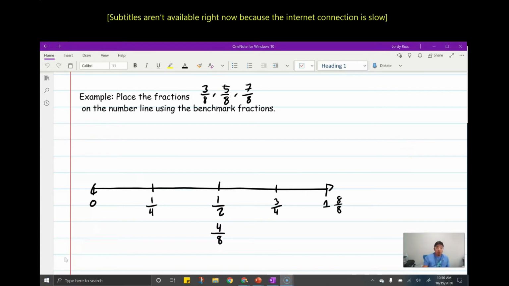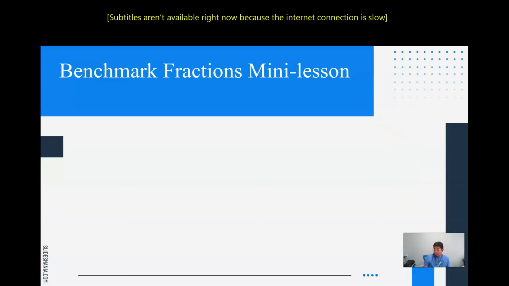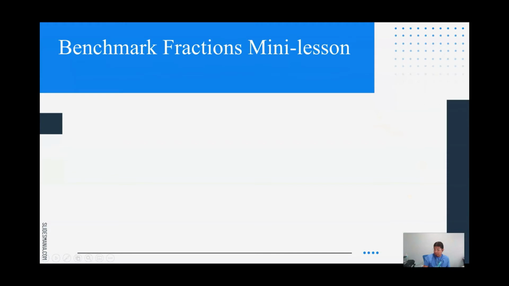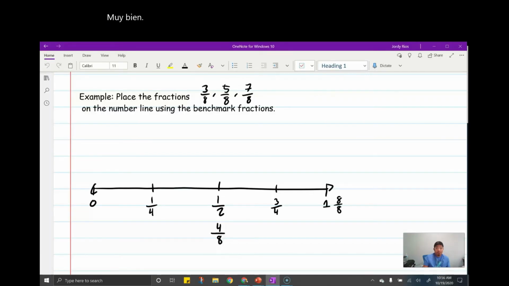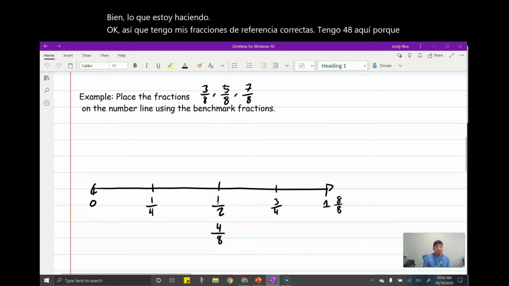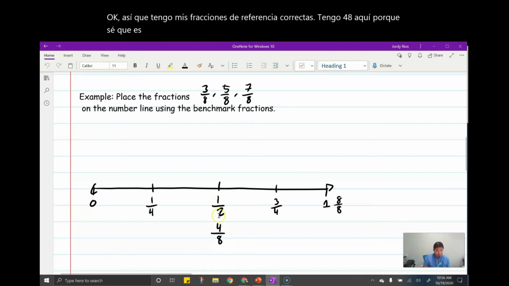Okay, so what I'm doing, I have my benchmark fractions, right? I have 4/8 right here because I know that's a half. 8 divided by 2, which is being folded in half, is 4, okay?